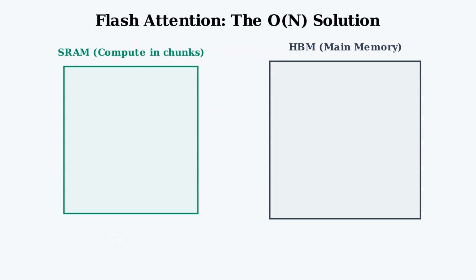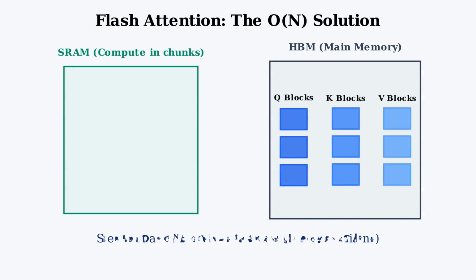You already know the GPU memory hierarchy from our previous episodes. You know SRAM is our tiny, screaming fast workspace right next to the cores. So watch this. Flash attention flips the script. Instead of computing the massive n by n matrix, we cut Q, K and V into small blocks.